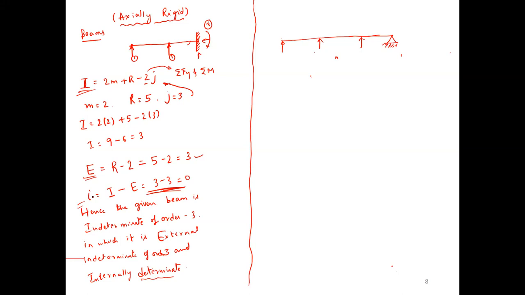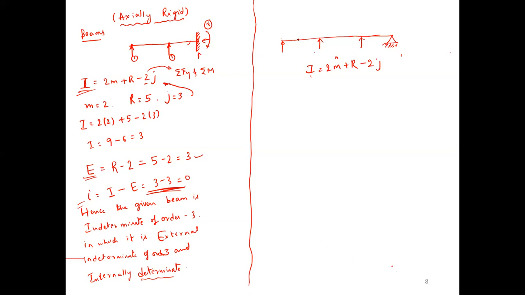So how many members? Now what is the equation? I equals 2m plus r minus 2j.